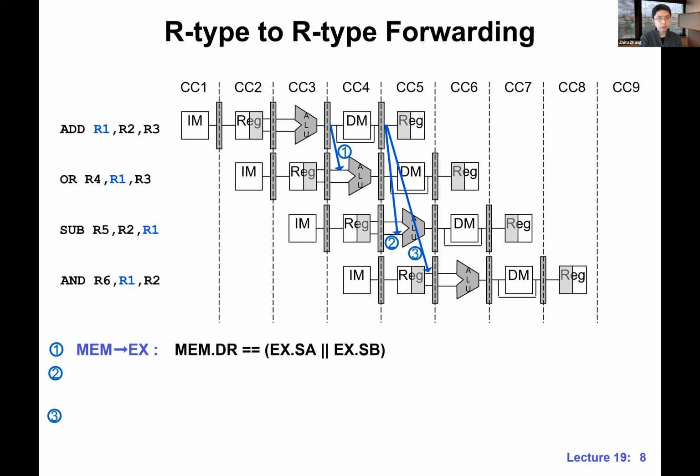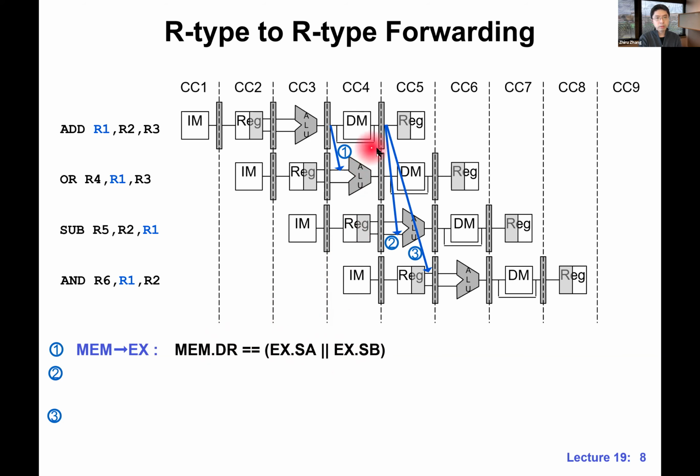With this one, we want to check whether there's a match or not. We compare the destination register index in the memory stage with the source register index. We really need to compare with both of them, either SA or SB. If either one has a match, then we need to enable the forwarding path, because there's a data dependency.